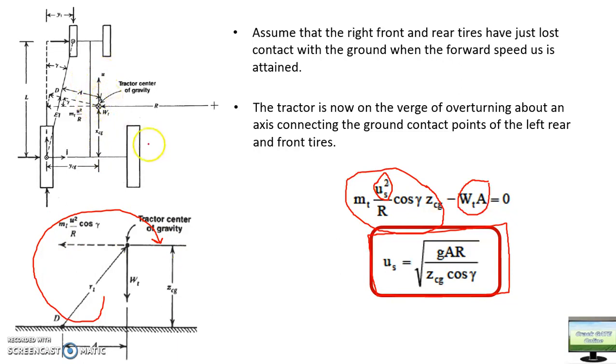So basically it will try to keep your tire on the ground, and this mv square by r into cos gamma into ZCG will try to rotate the system in the opposite direction. So when we balance these two things, we can find out the critical speed at which this tractor is going to overturn laterally. If this forward speed is less than us, then the operation is stable. Okay, if it is more than us, then it is going to be unstable.